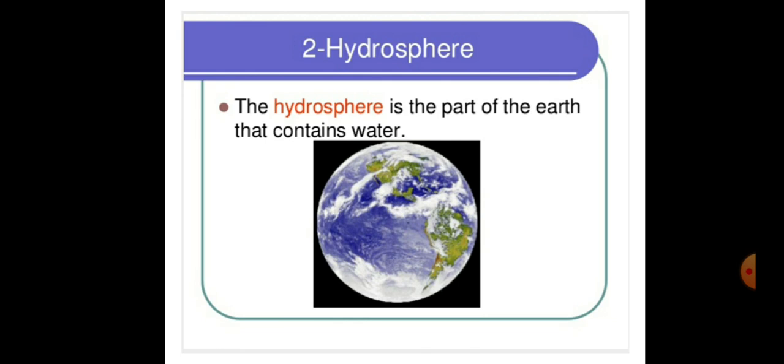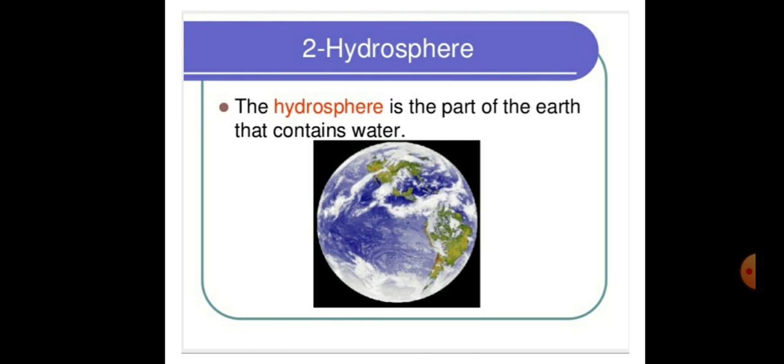Now, approximately 97% of total water is found in the oceans. Ocean water is very salty, you know this. And out of the water available, 97% is found in the oceans, and it is very, very salty.